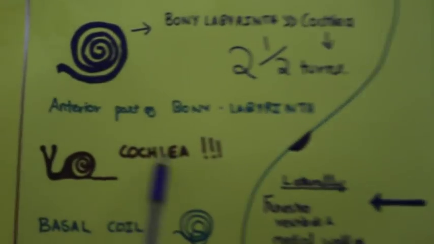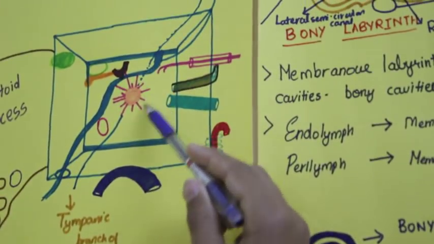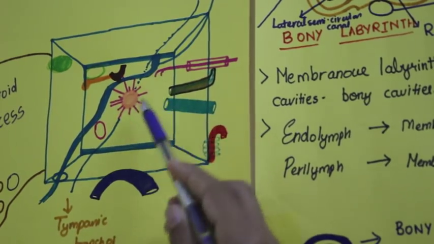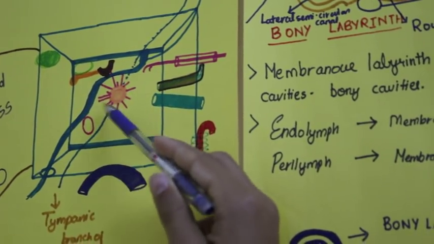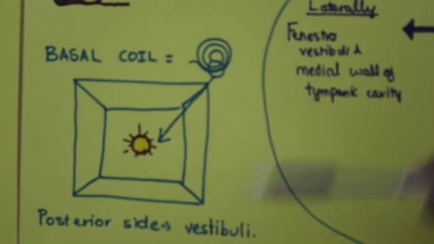Now we shall see the basal coil. What we saw in the middle ear cavity, you can see it over here. There is a huge thing that is shown like a sun over here. This is the promontory, and the promontory is the basal coil of this cochlea.